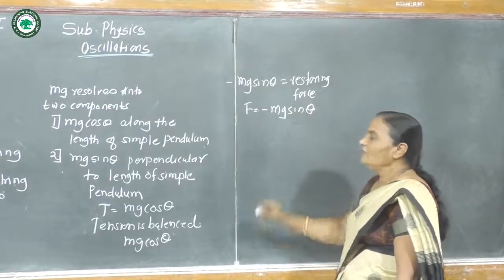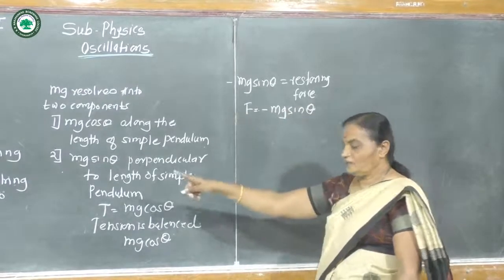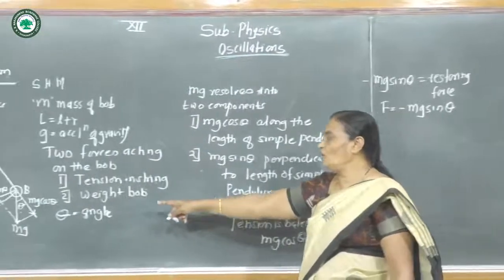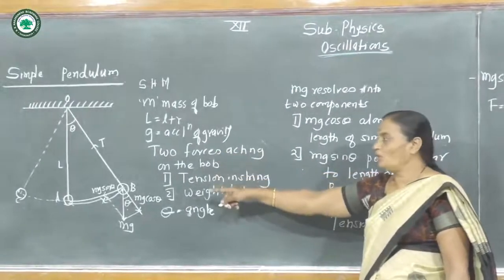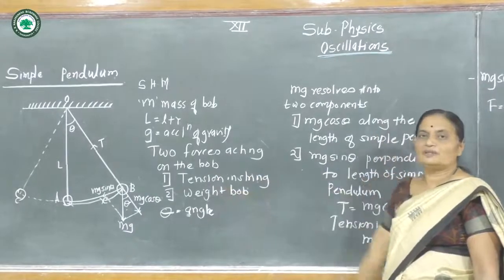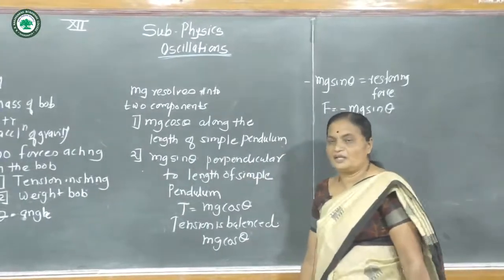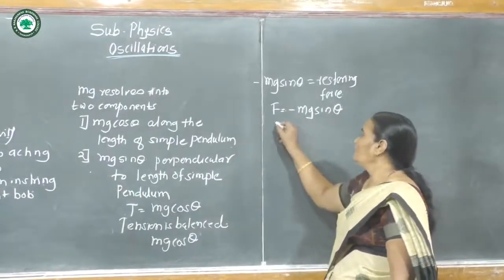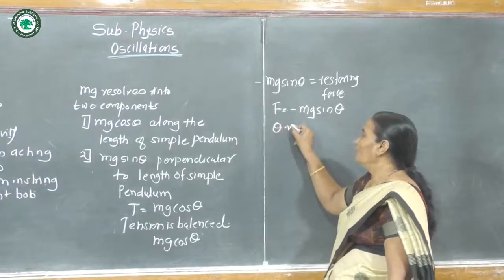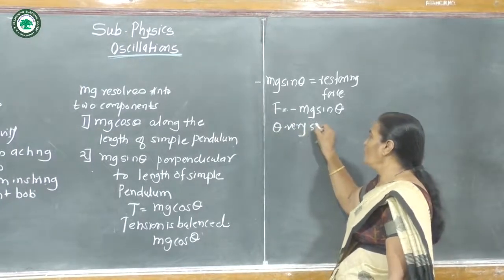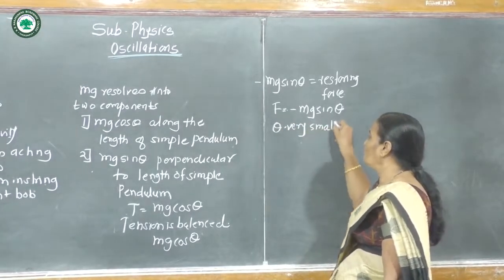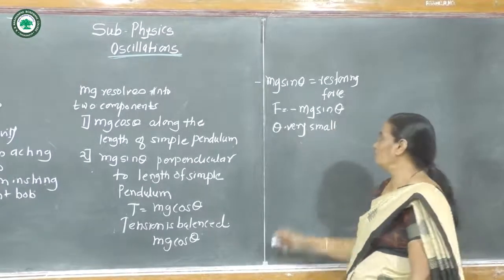Now here, initially we said that if this angle is very small, the bob performs simple harmonic motion. Here, theta is very small, therefore it performs simple harmonic motion.